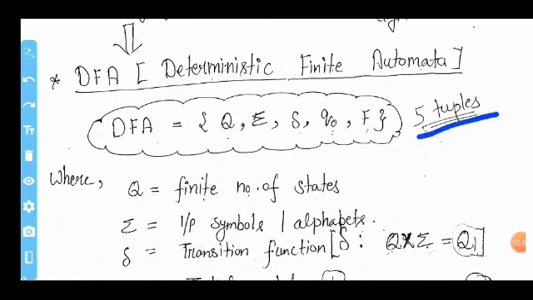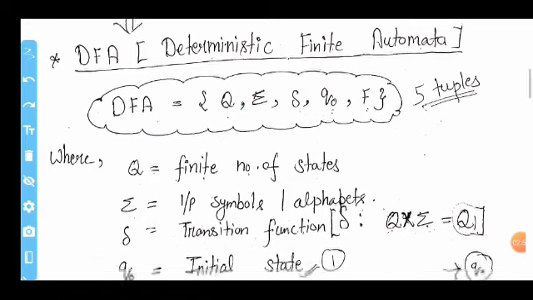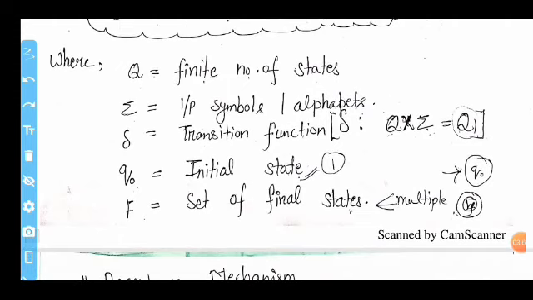Now there are 5 tuples in DFA. First Q, sigma, delta, Q0, F. Q represents a finite number of states, where sigma represents the input symbol alphabet, and delta represents the transition function.